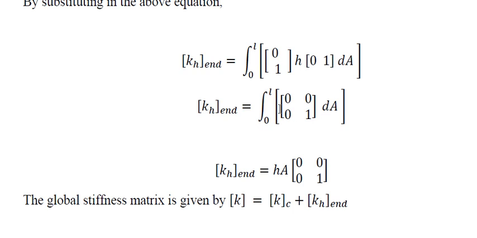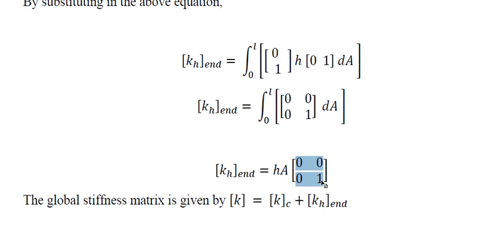So after substituting and simplifying, we will get the convection matrix at the end as H into A times [0 0; 0 1].